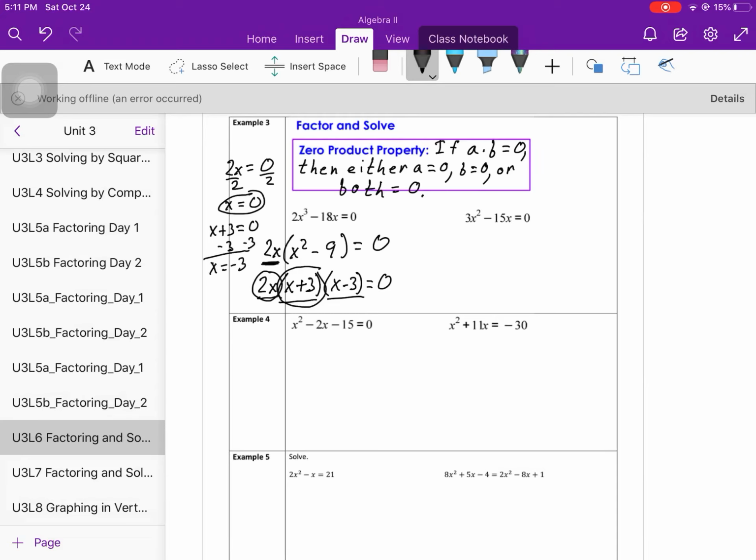I would subtract 3, and I would get x equals negative 3, because we know that negative 3 plus positive 3 equals 0. And then lastly, we could do the exact same thing with the other term, which was the x minus 3. We add 3 to both sides, and we get x equals 3. So there's our solutions. Here's number 1, number 2, number 3. X equals 0, negative 3, and positive 3.